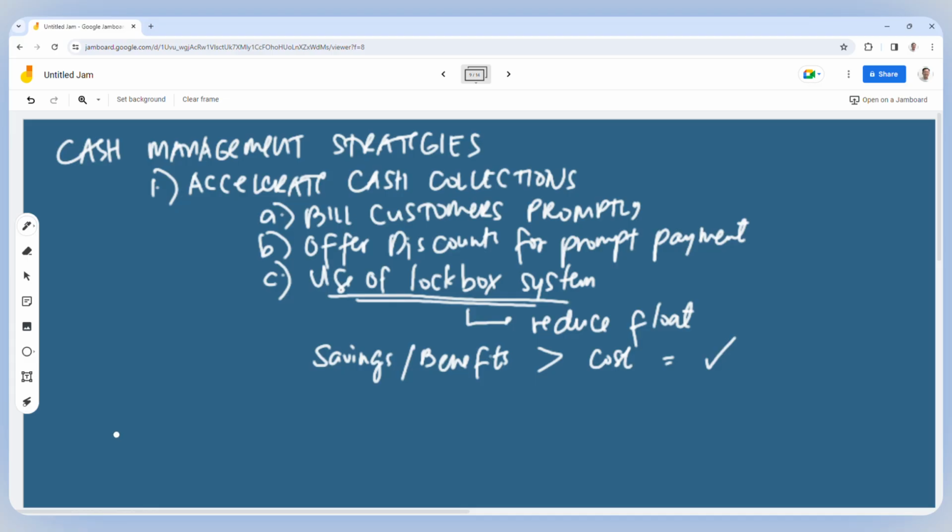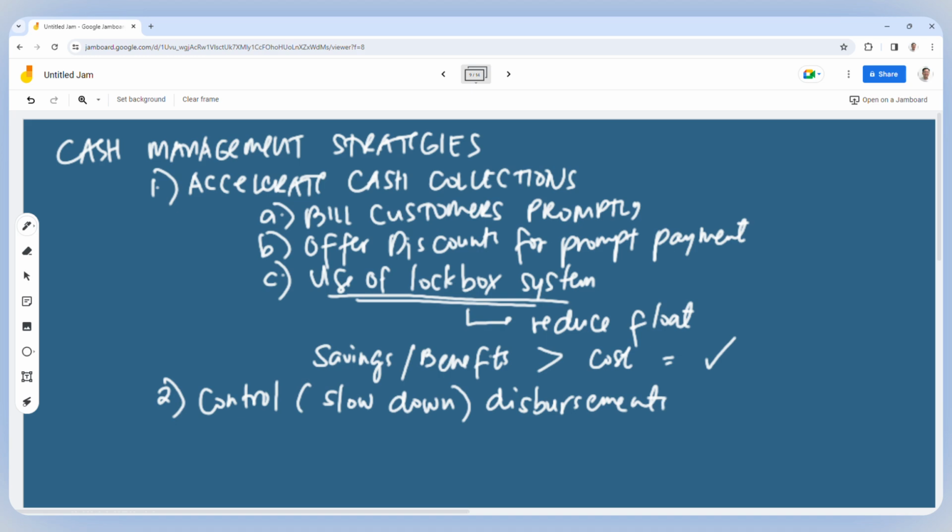Okay. Number 2 class, ang gagawin natin ay to control or slow down our disbursement. Ano class ang ibig sabihin ng slow down or control the disbursement? As much as possible class, no? Kung pwede lang, no?